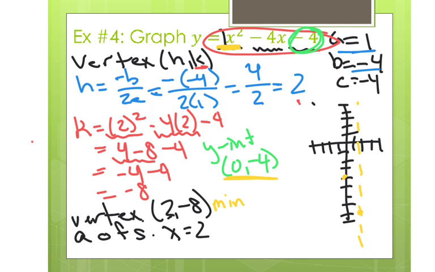This is going to help make our sketch more accurate. Notice how this y-intercept is 2 spaces out from our axis of symmetry on the left. So now we're going to go 2 spaces out on the right from our axis of symmetry, and that's going to tell us exactly how wide or how skinny our graph is going to be. Now I'm just going to connect the 3 points, and there's our parabola.